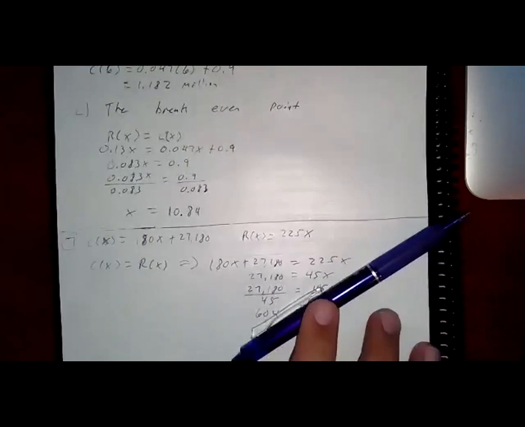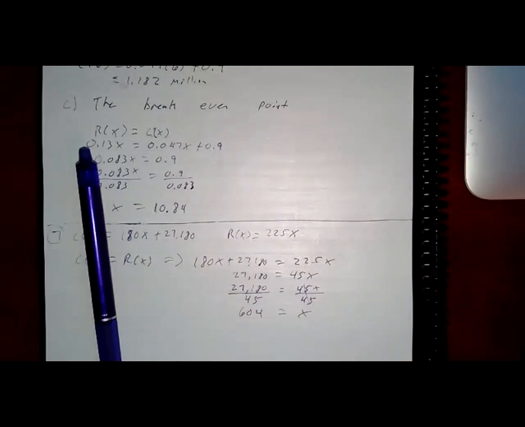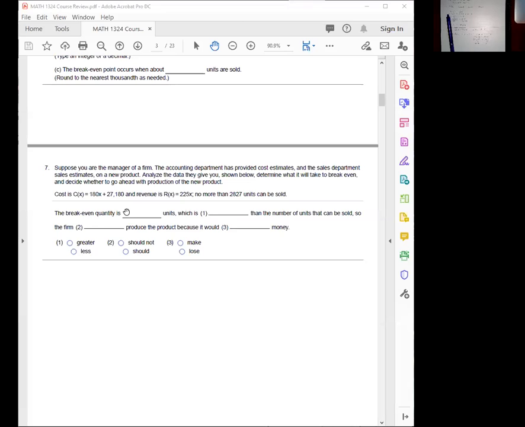So, looking back at the question, if we're breaking even at 604 items, what does this all mean? The break-even quantity will be 604, which is less than the number of units that can be sold. No, I'm sorry, I'm overthinking it.